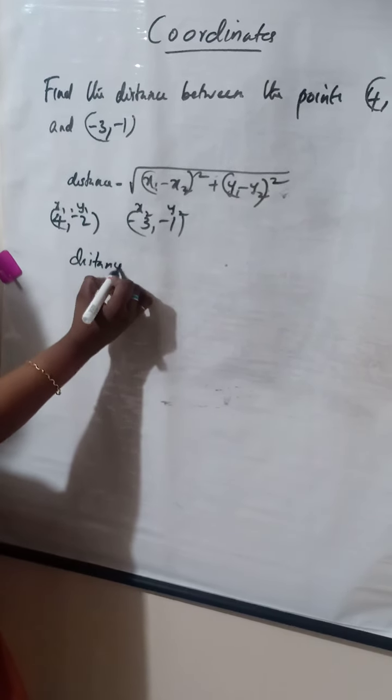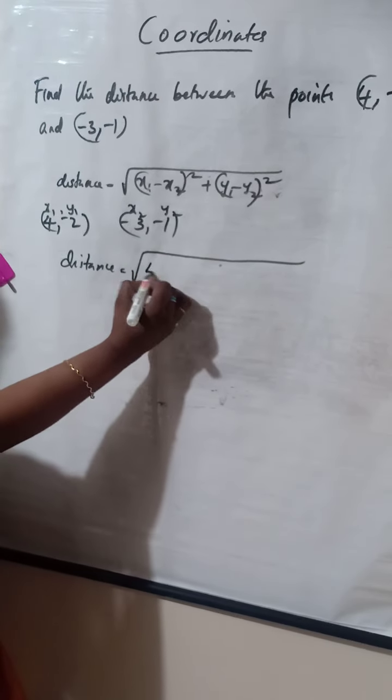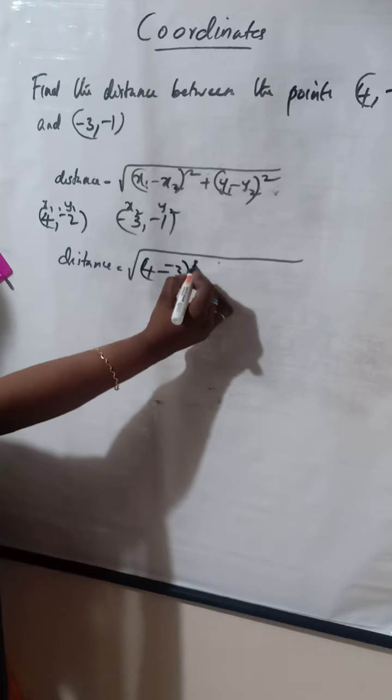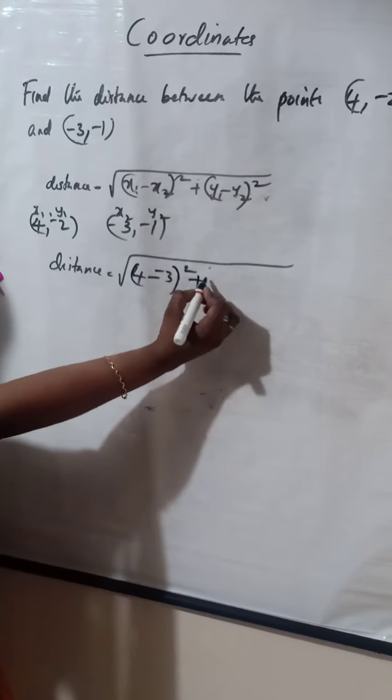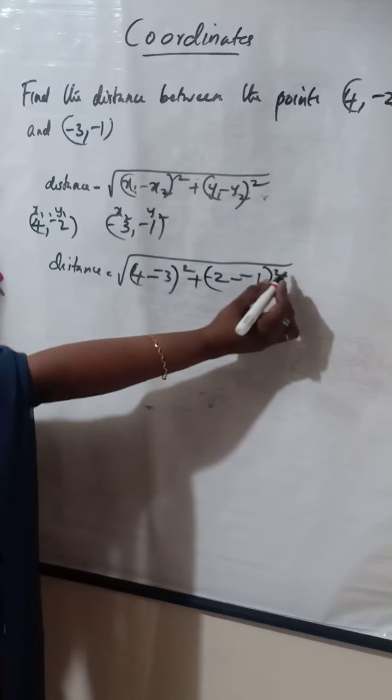Distance is equal to root of (x1 minus x2), that means 4 minus minus 3, whole square, plus (y1 minus y2), 2 minus minus 1, the whole square. Clear?